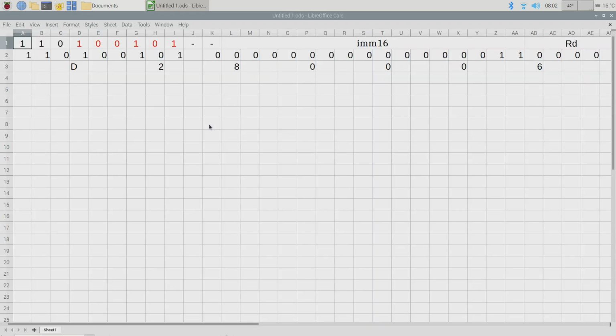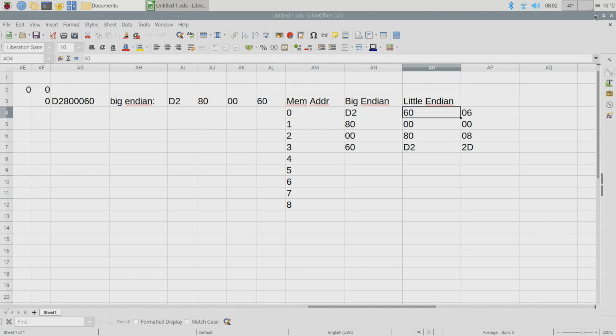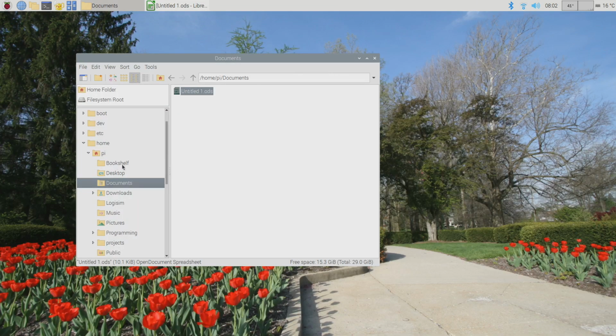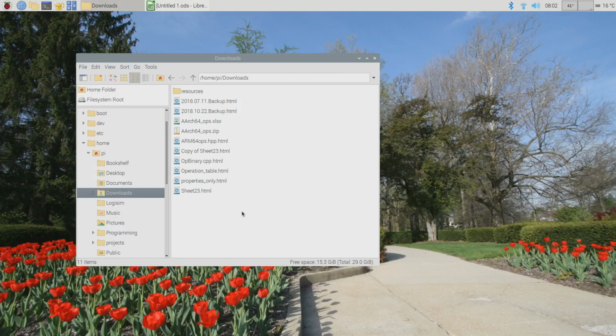That is not the file I was looking for. Okay, I must have not copied it over. Yeah, okay, hang on. I didn't copy it over from my USB key.